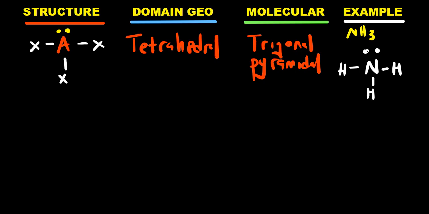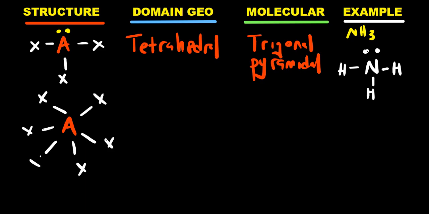Our central atom, A in this case, is connected to 1, 2, 3, 4, 5, 6. So let's say these are our elements.